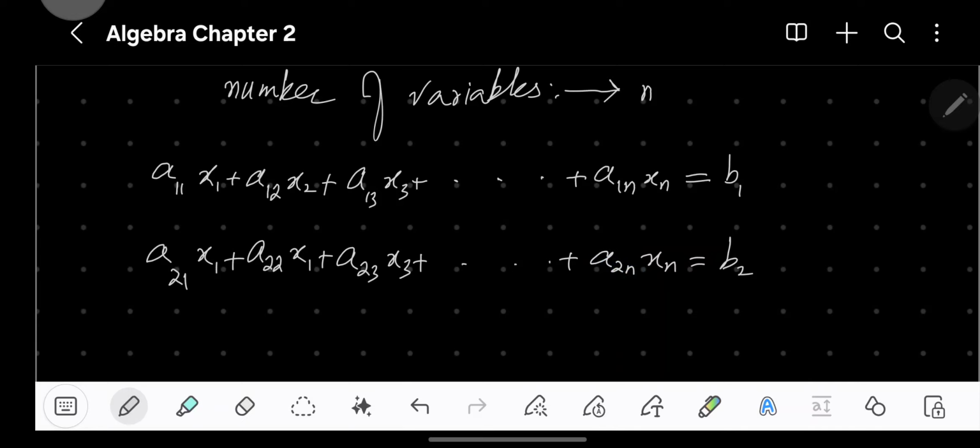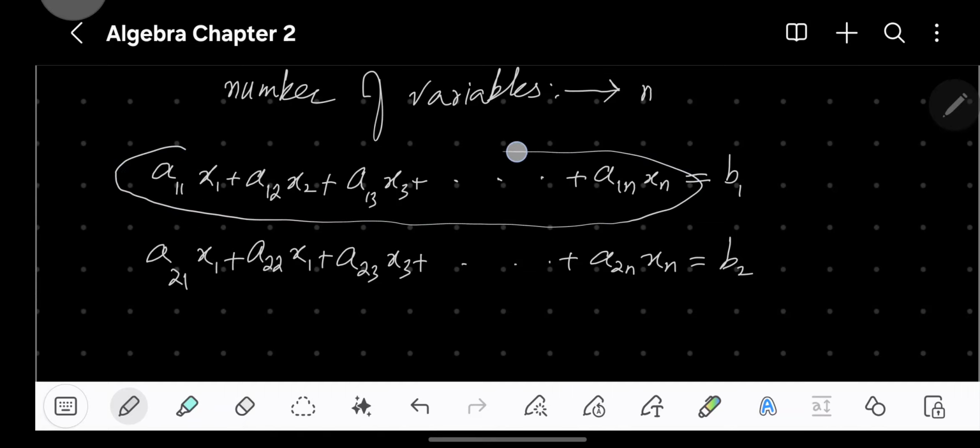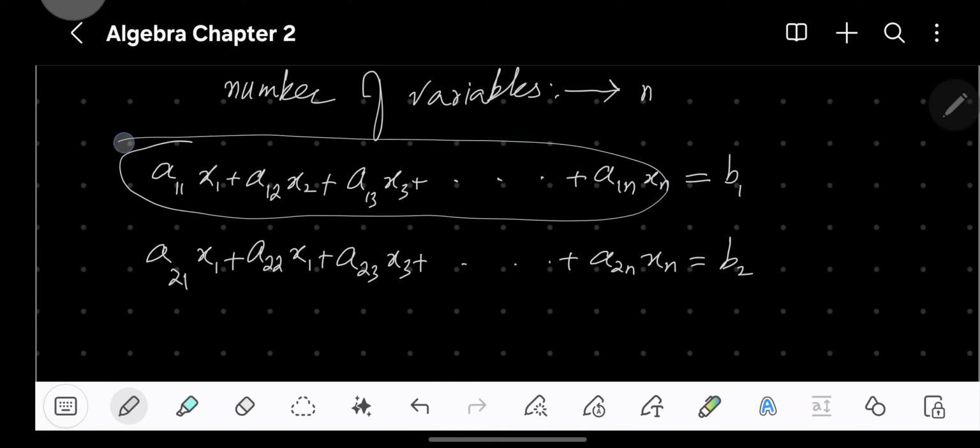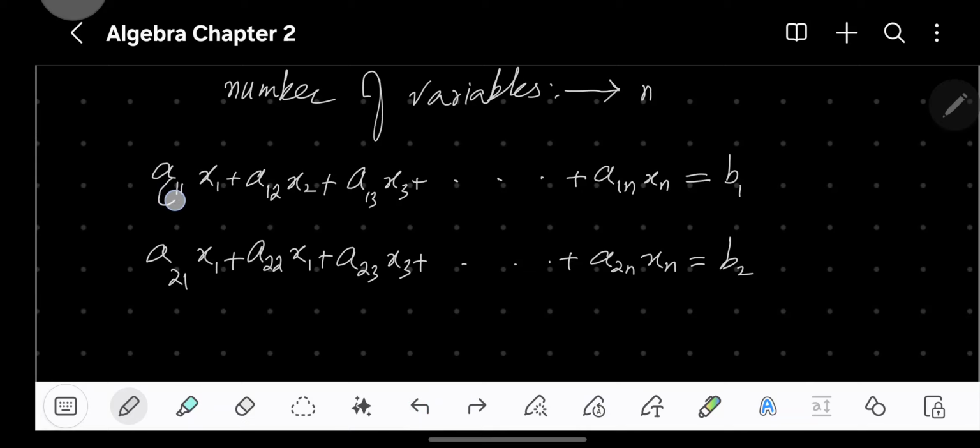You might have noted that in the first equation there are two indices on the coefficients. In the first equation the first index is 1. You can check that here the first index is 1, here 1, here 1, here 1.